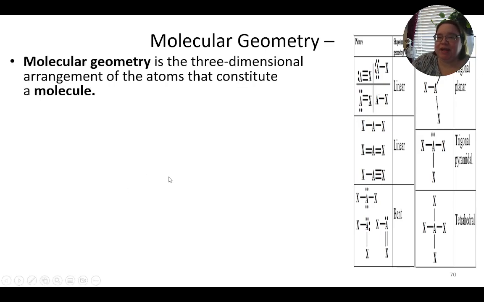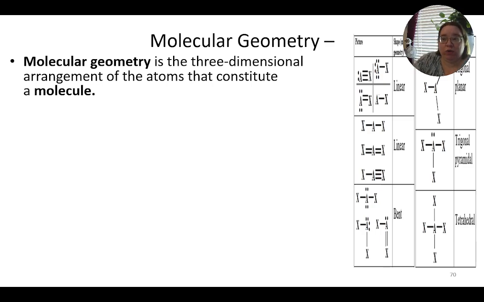So to determine a molecular geometry of a substance, you're going to pick a central atom. When we've been drawing our Lewis structures, we've been doing simple Lewis structures that only have either two elements total, or three elements with two around a particular one.